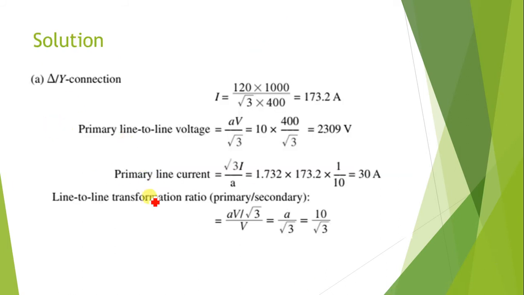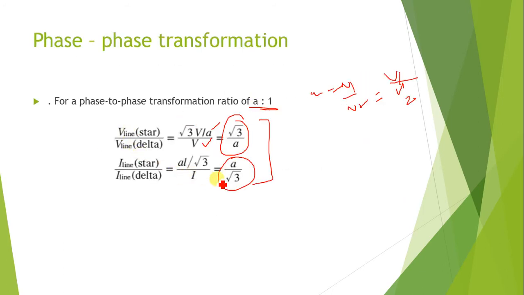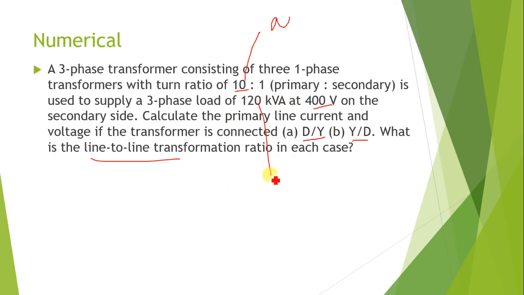So in star to delta connection, we know I is equal to A by root 3. First we have to calculate A. The load is 120 into 10 to the power of 3 VA, which is 120 kVA at 400 volts on the secondary side.